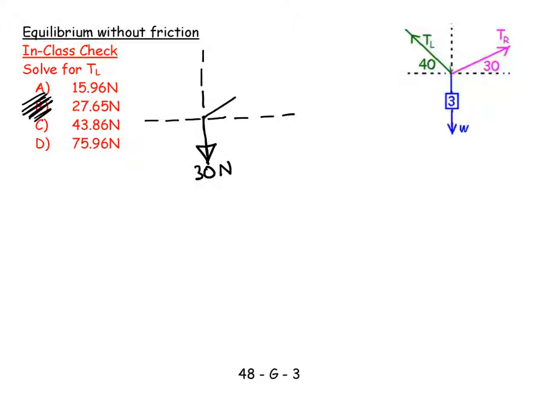I know that this angle to the horizontal for t right is 30 degrees, and I know that the angle for t left is equal to 40 degrees. It's a good idea when you first begin to actually get a protractor and actually measure those properly, because this is where it really matters.